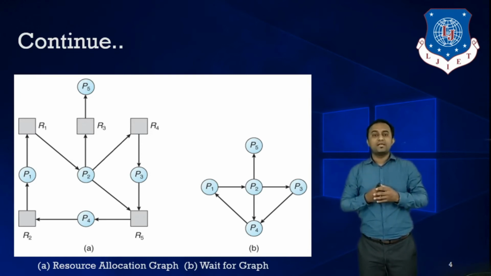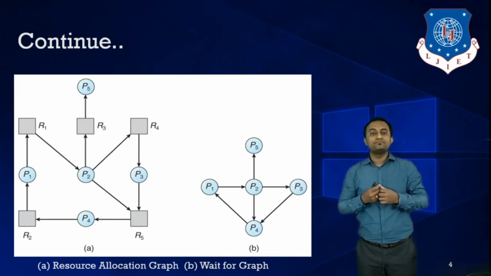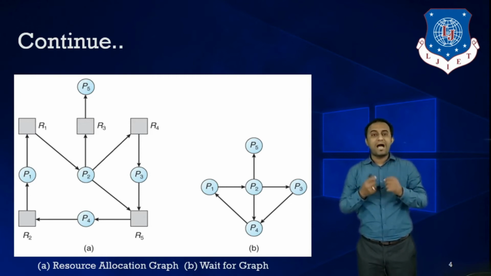Now we can elaborate this resource allocation graph in detail. You can see there are different processes starting from P1, P2, P3, P4, etc., and we have various resources. In the case of process P1, P1 is requesting resource R1, but R1 is already acquired by the P2 process.